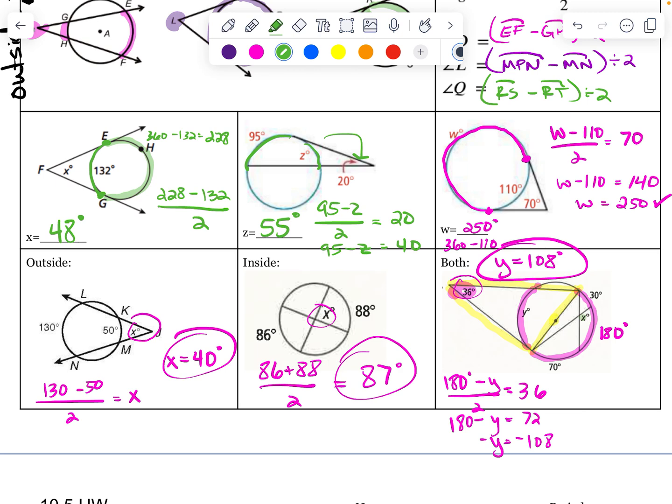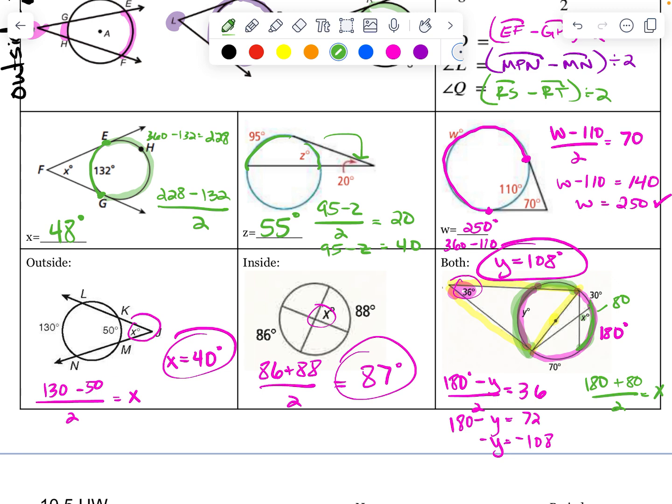Let's see, so it would be an inside. So I would need this arc plus that arc divided by 2. Okay, well, we can figure this out. This arc is 180 plus this arc is going to be 180 minus 30 minus 70, or 80, divided by 2 equals x.